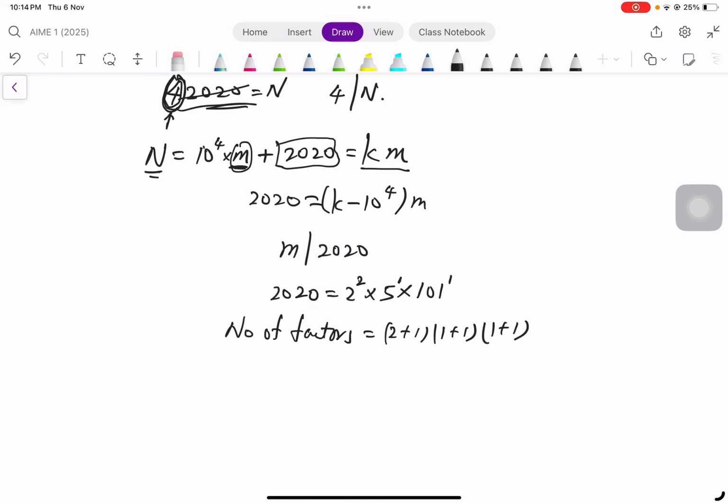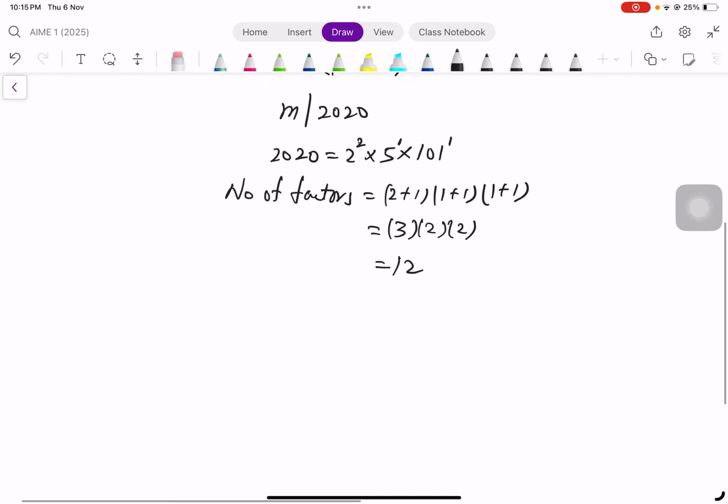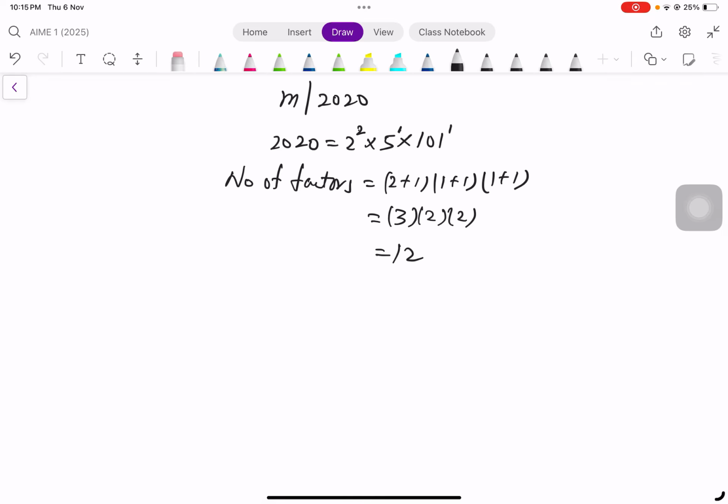In total, that will be 3 times 2 times 2. Therefore, there are 12 factors. That means there are 12 cases for us to study.